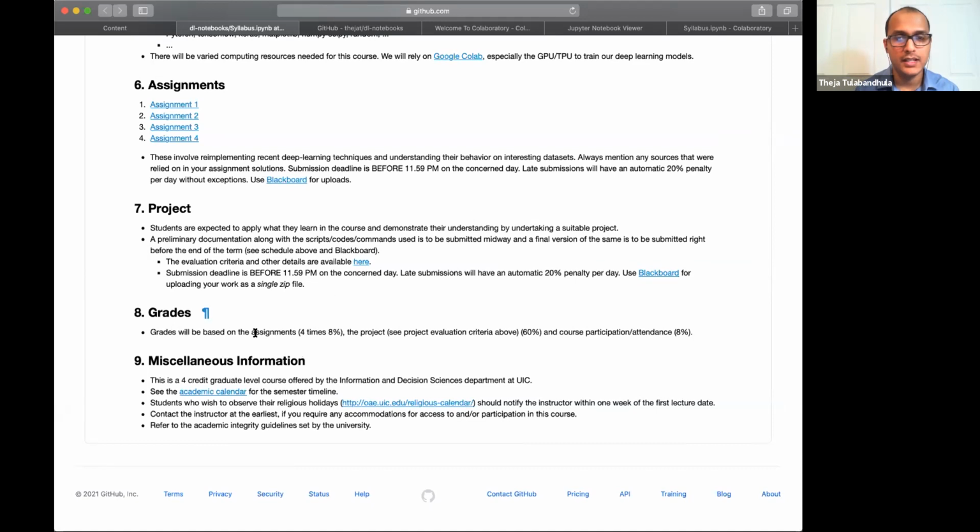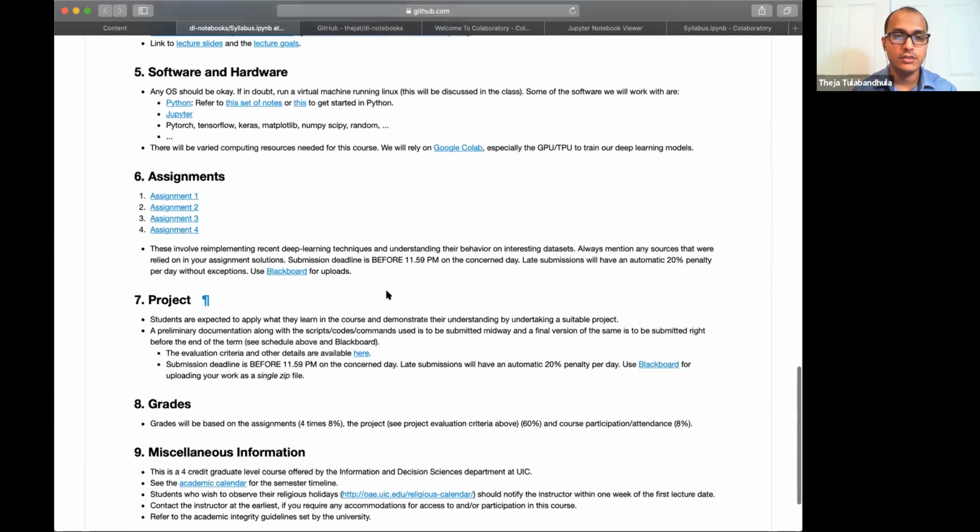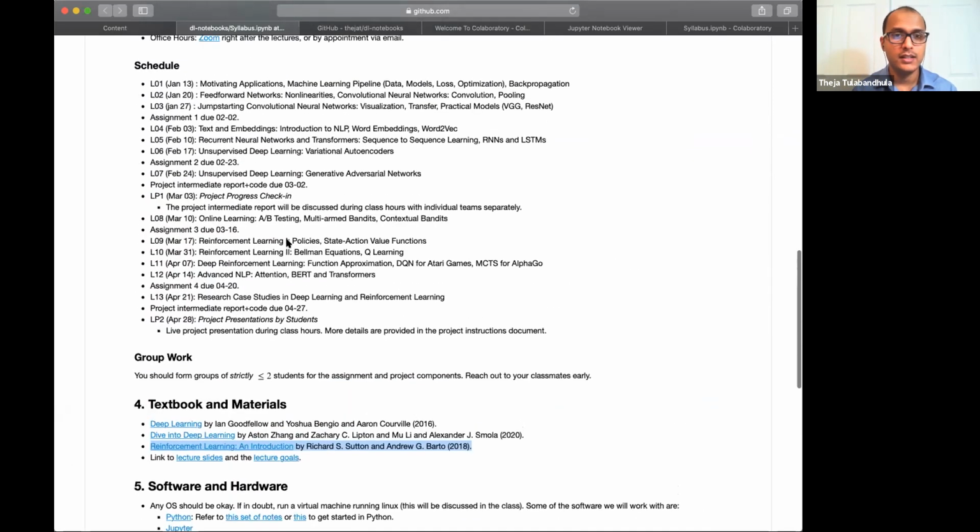Grading is based on the project as well as the 4 assignments. And for the project, there are 2 timestamps. After 7 lectures, I think on March 3rd, there's going to be a progress check-in where I'll meet with each individual or each group during class hours.